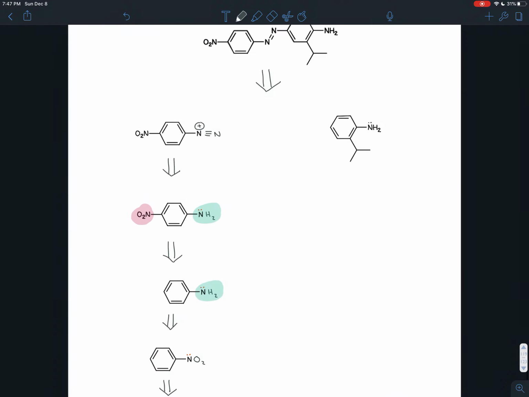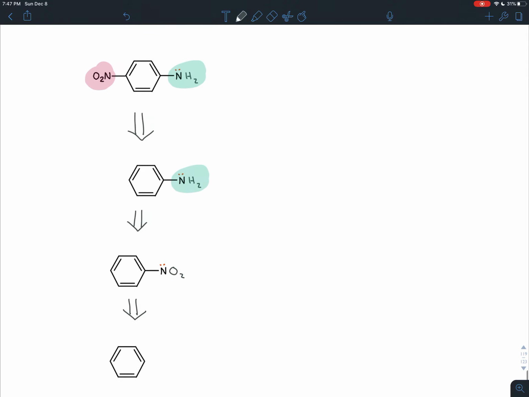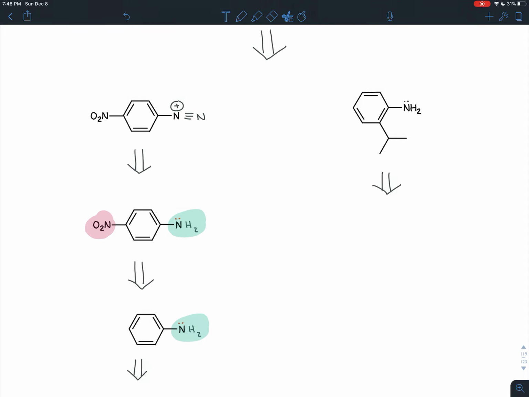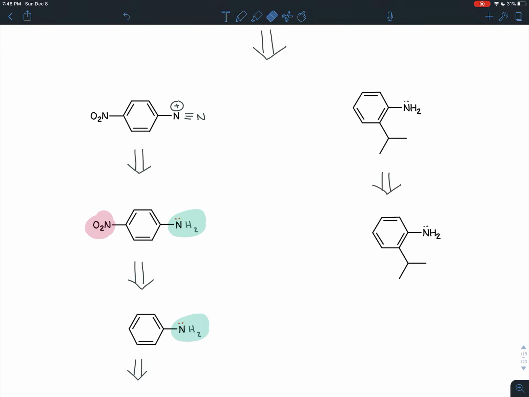How can we make this? Well, we've seen how we can make this amine from a nitro group, right? If you have a nitro group, you can make an amine. So we could make that if we had an NO2 there.